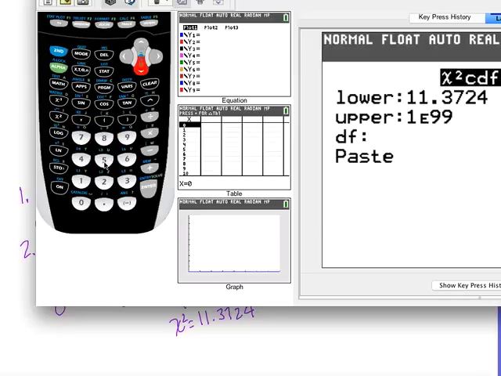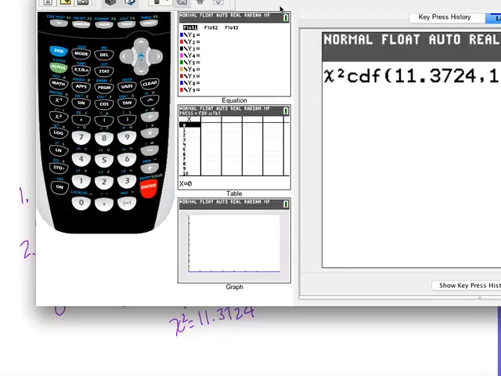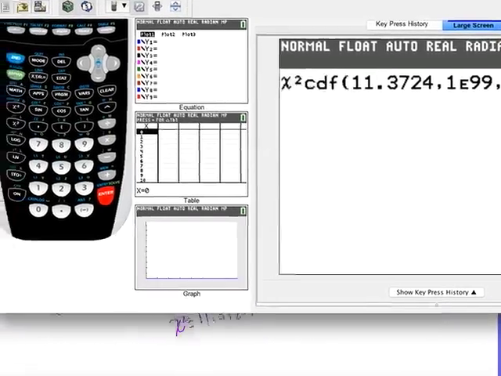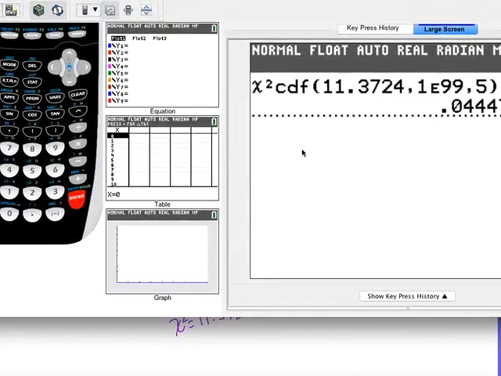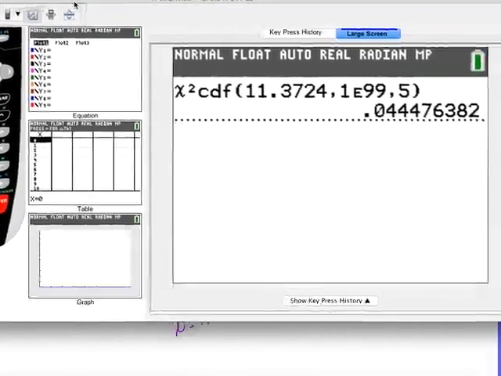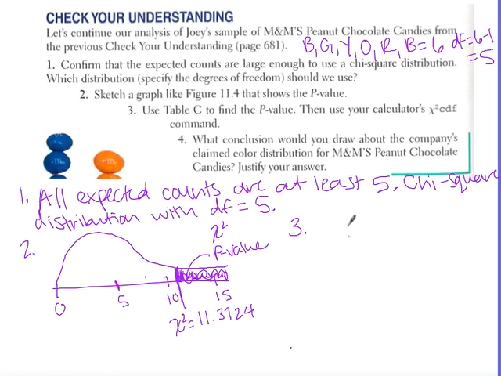And our degrees of freedom is going to be 6 minus 1, which is 5. When we work it out, we get that our p-value is approximately 0.045. So p-value equals 0.0445.